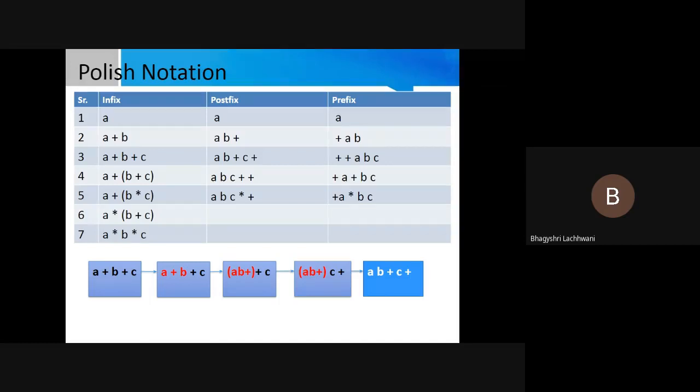Then we are having A plus, so A into BC, and plus will be moved forward. That means plus A star BC. Next, first we will solve the parenthesis. That means BC plus will be one operand, A will be the second, and for postfix, A BC plus star. At the time of prefix, first it will be plus BC, then star A plus BC.